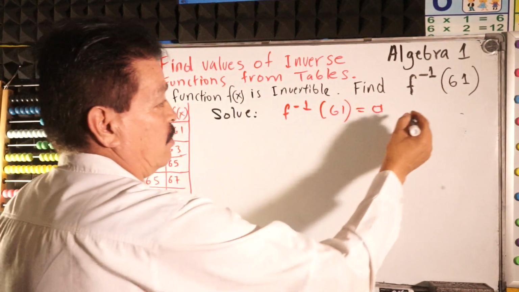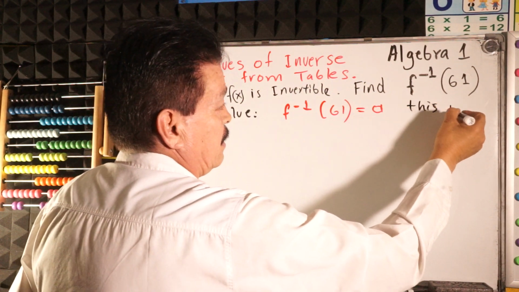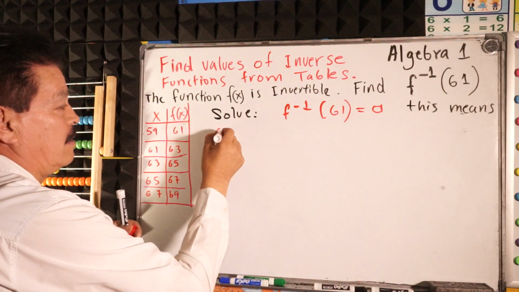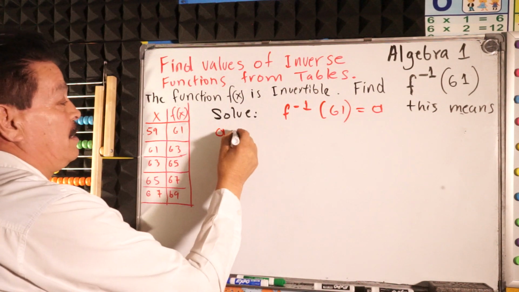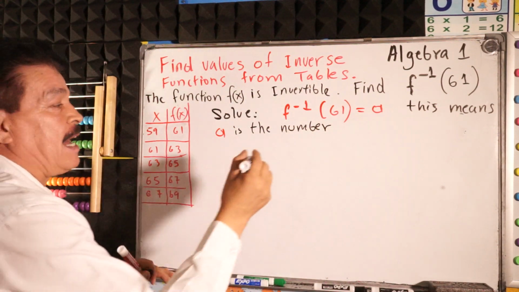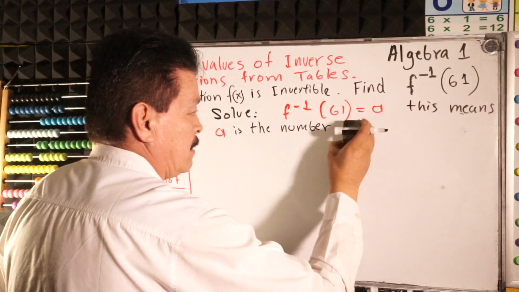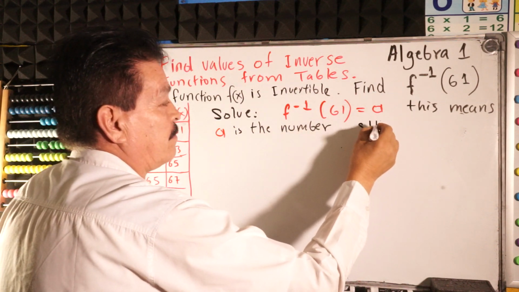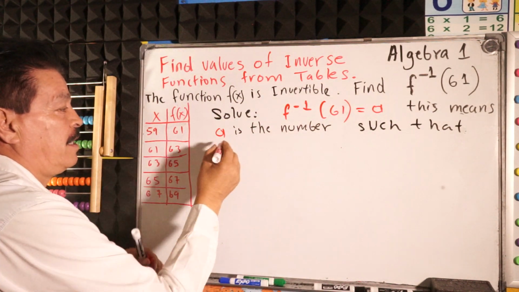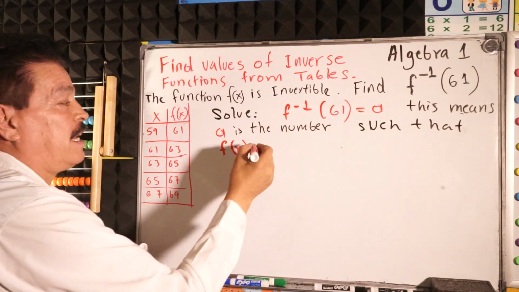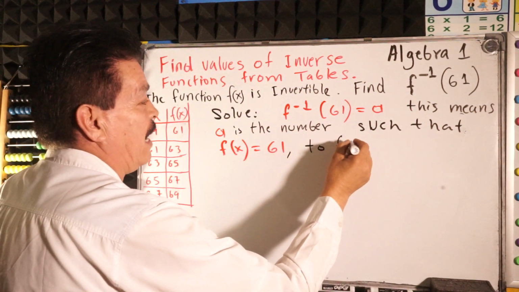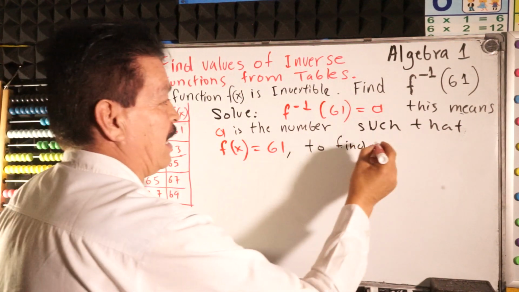This means a is the number such that f of x equals 61. To find a, we need to look for it.